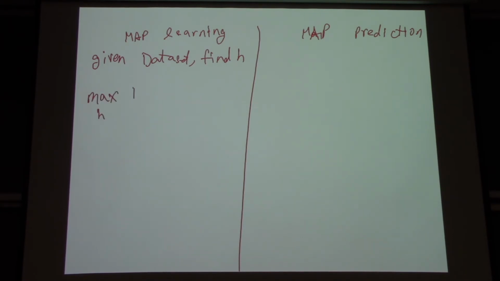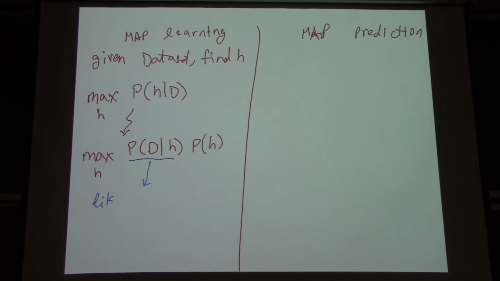Max over hypothesis, probability of hypothesis given data, which is equivalent to saying max over the hypothesis, probability of data given hypothesis times probability of hypothesis. This part here is the likelihood of data given hypothesis. This is the prior over the hypothesis. That's MAP learning.